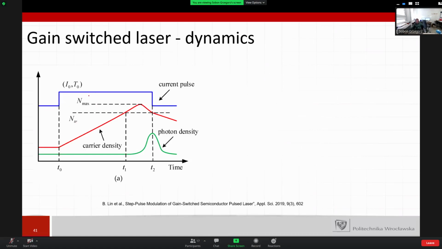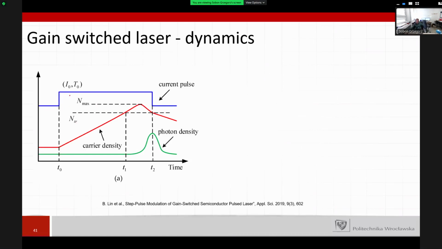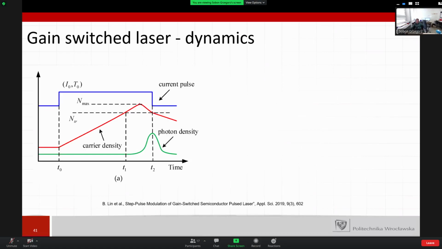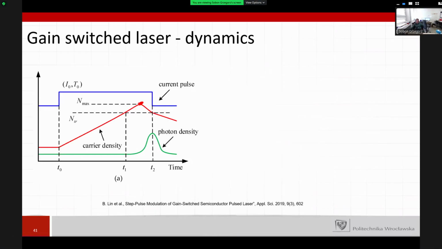In semiconductor lasers, when we apply a pulse to the current that is driving our laser, we increase the carrier density in the semiconductor, and at some point we exceed the threshold for lasing, and when we reach the maximum carrier density, the laser starts emitting a pulse, right? And then we can turn off the current pulse, and the pulse will be released from the laser.